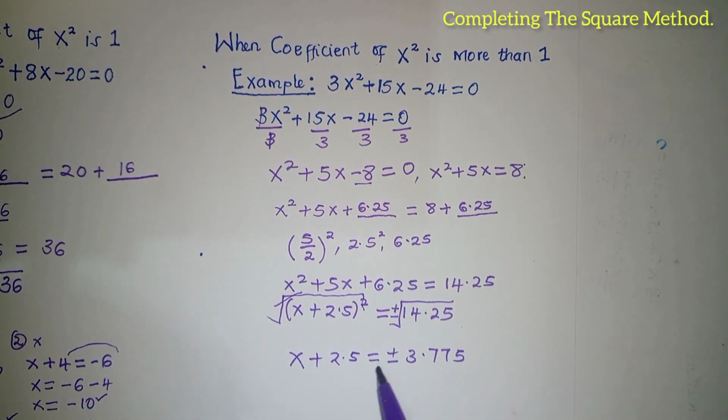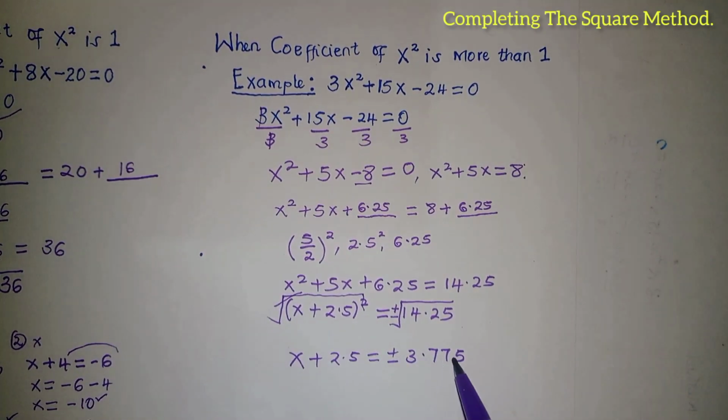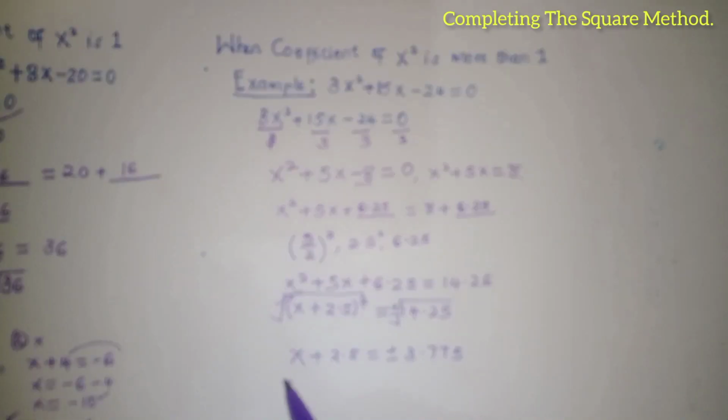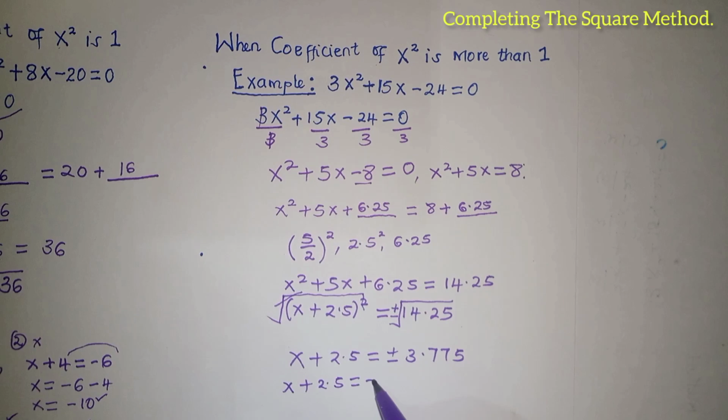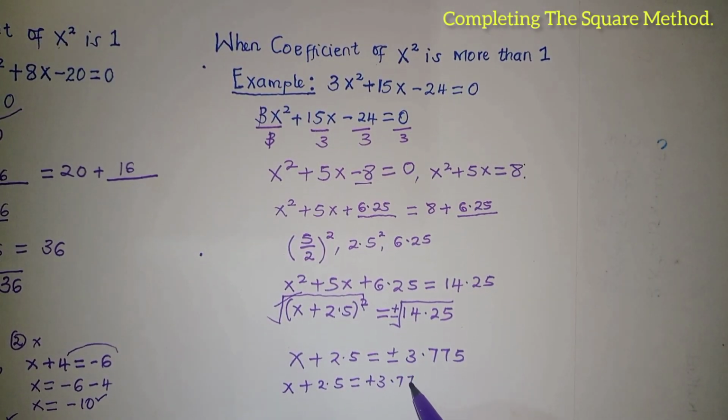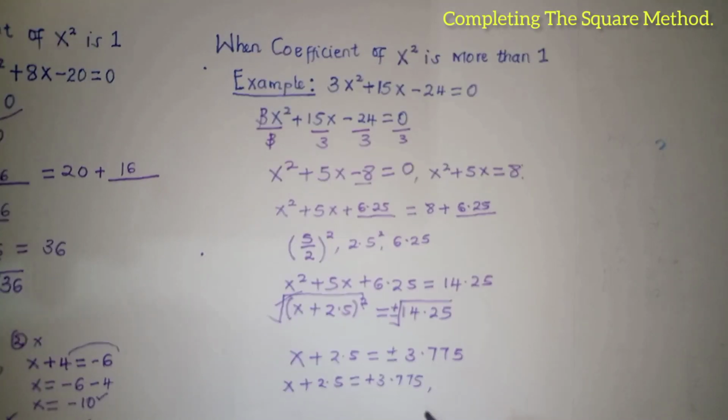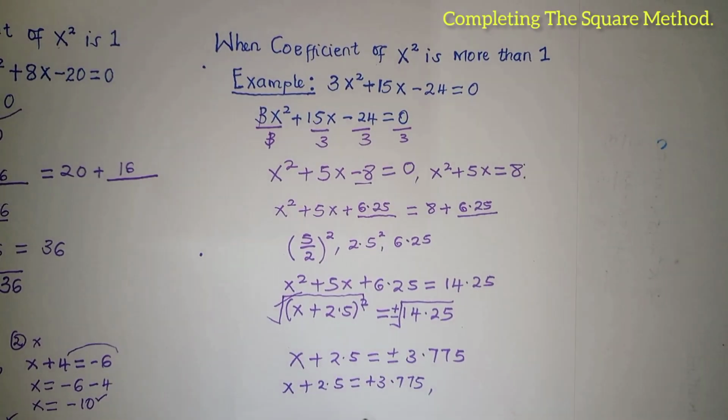So we are going to find the value of x when 3.775 is positive. First, x plus 2.5 is equal to 3.775, and then find the value of x. Let's first find this one.